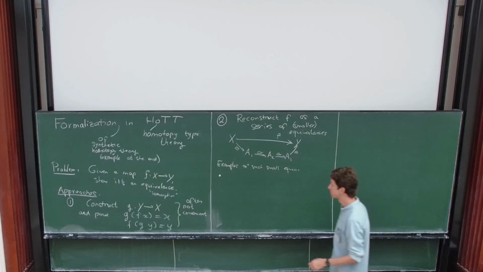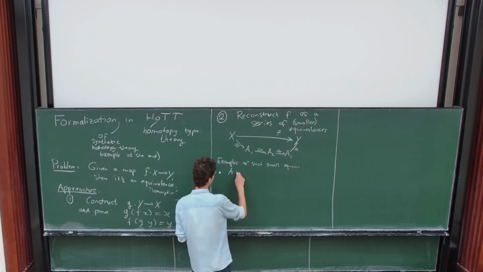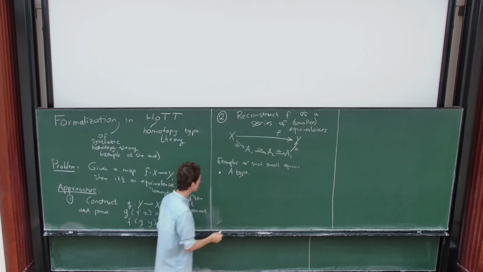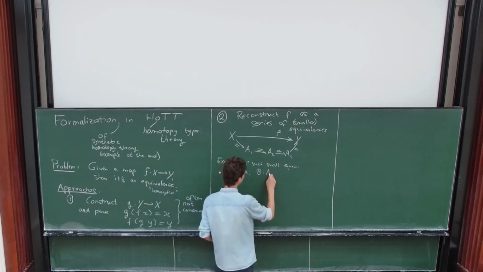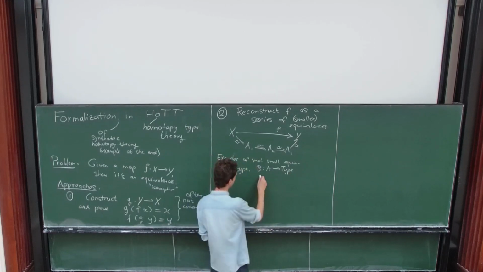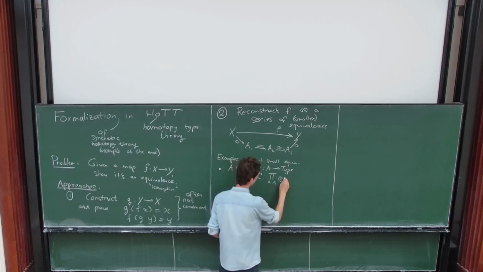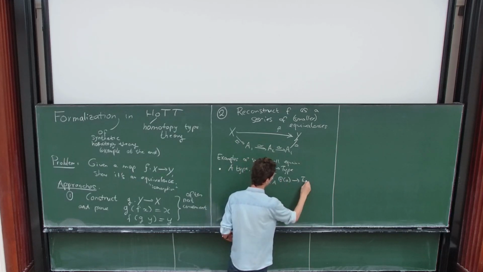So one thing would be if you have some type A, and then you have B, which is a family of types over that, and then you have C, which is a dependent thing over this.